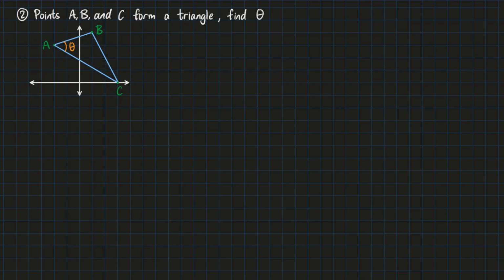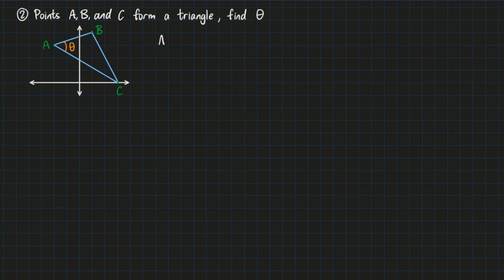Alright, so question 2 says, points A, B, and C form a triangle. Find theta. Alright, so theta is the angle at point A, and we can use the vector formula again to find theta. So the formula is to find the angle between two vectors. If we make A our initial point for both vectors, we can make vectors AB and AC to find theta.